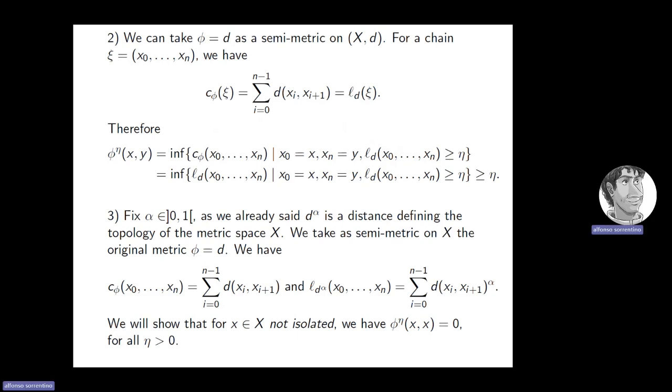If the point is isolated, for example, if it's the only one in a ball of radius epsilon and you have no other point, then if you want to get a chain of length eta, you have to jump from this point to a point outside, which is bounded below by some non-zero constant, so this cannot be. But if it's not isolated, it's going to work.